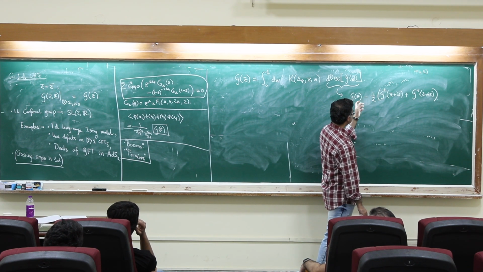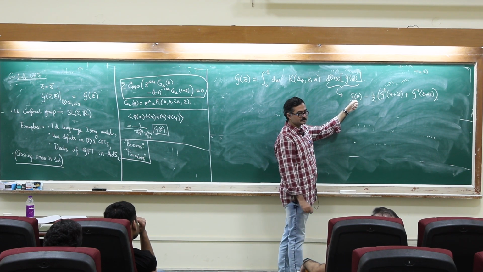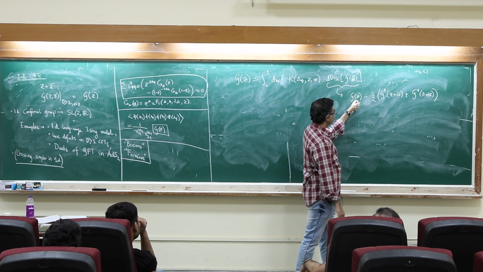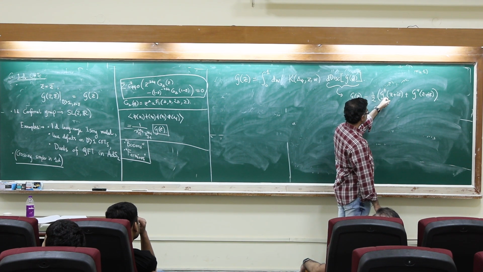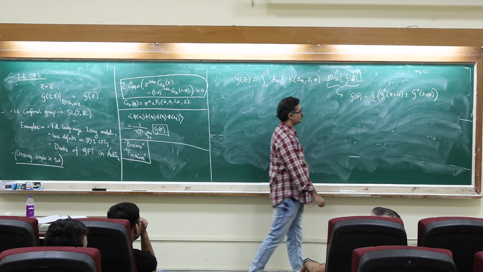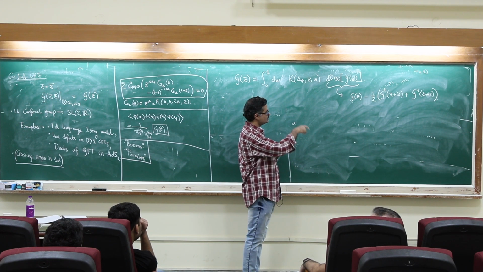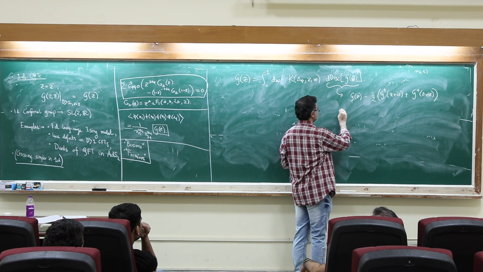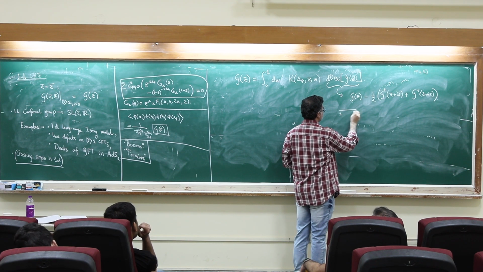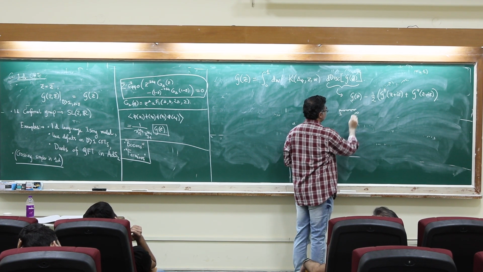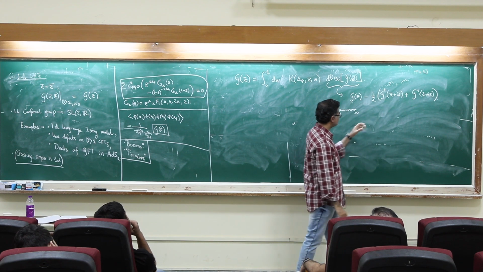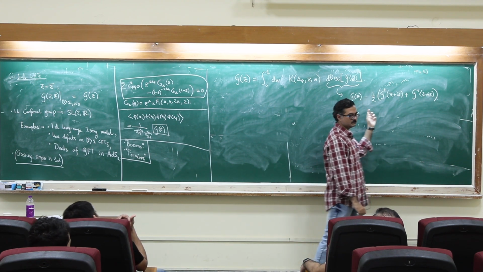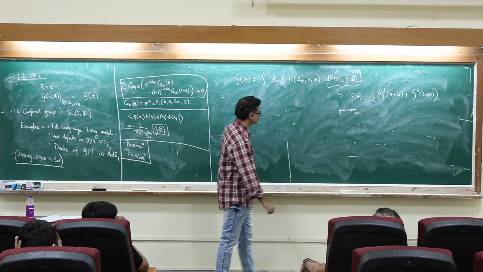This object has branch cuts which extend from z equal to 1 to infinity, and G plus means that you consider the analytic continuation around the branch cut which extends from 1 to infinity. The z plus i epsilon means you do the analytic continuation one way, and z minus i epsilon means you do the analytic continuation the other way.